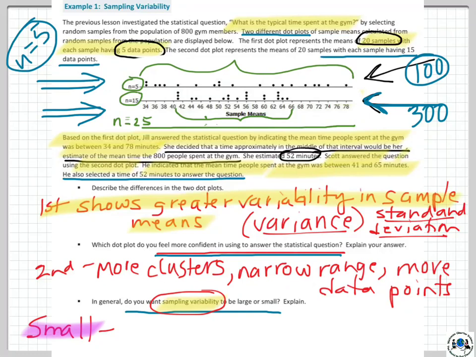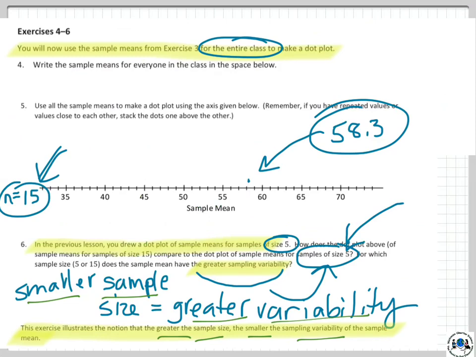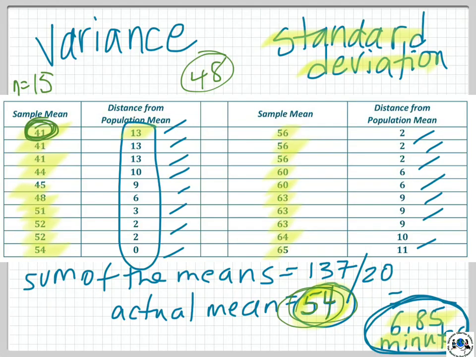This is what we should see, and again, should. In a perfect world, we should, because as we get a greater sample size, our variability should shrink. Again, that's not always going to be the case, but that should be the case.